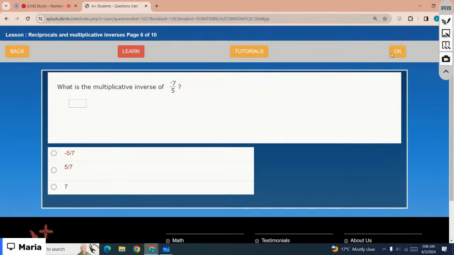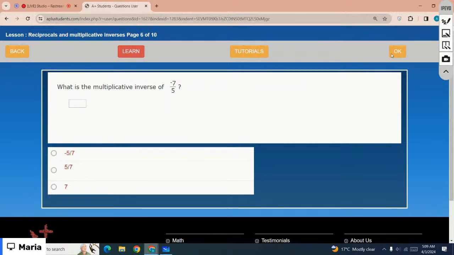What is the multiplicative inverse of negative 7 over 5?